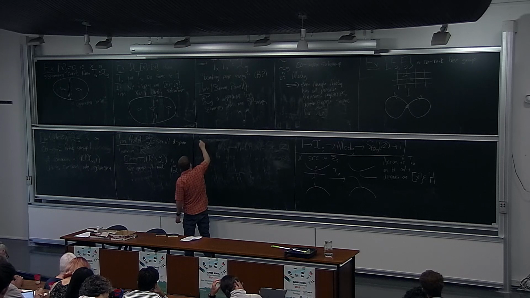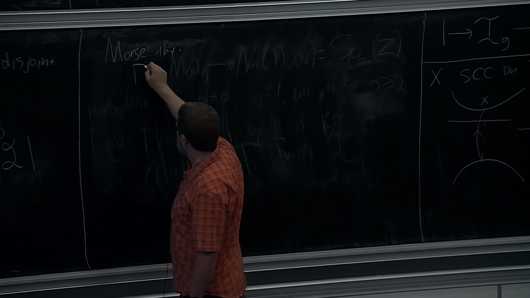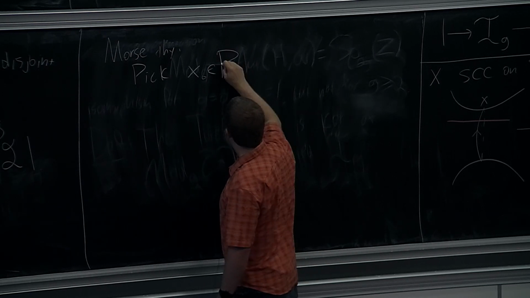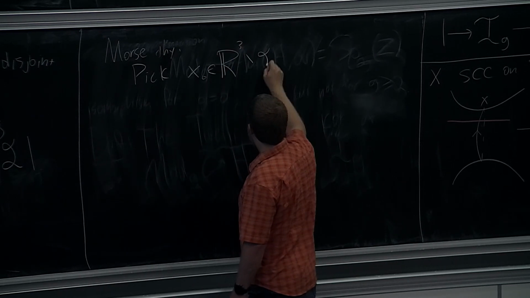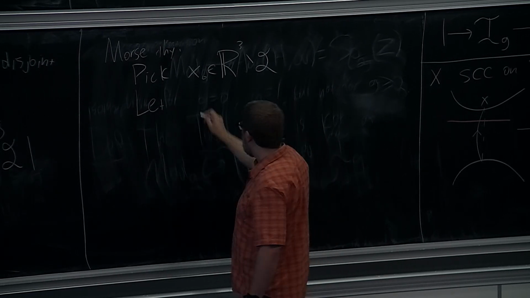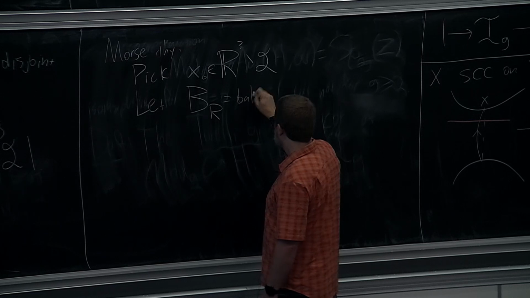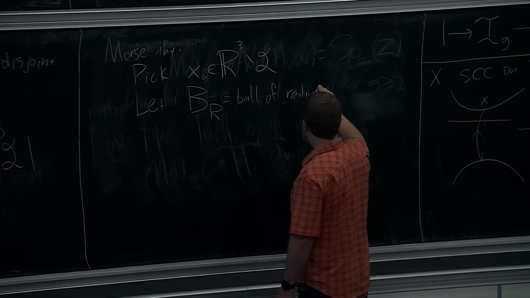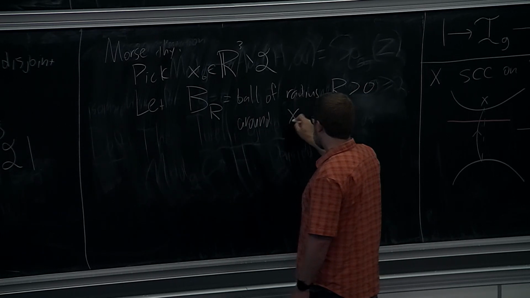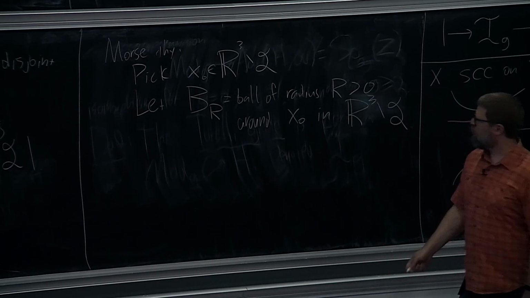Use Morse theory. So let's pick some point x naught inside R3 minus L, and let B sub R be the ball of radius R around x naught in R3 minus L. And so here's a question for you.